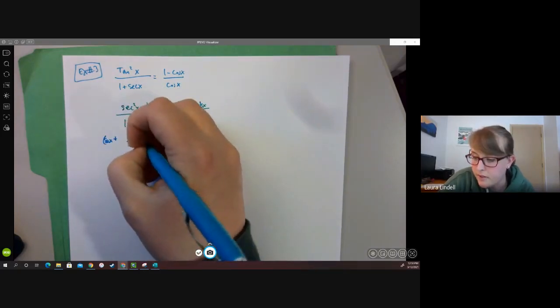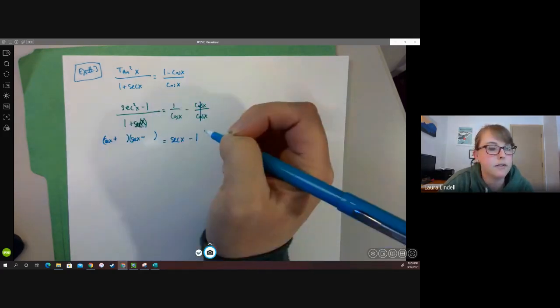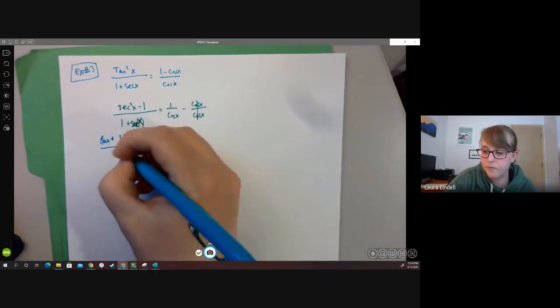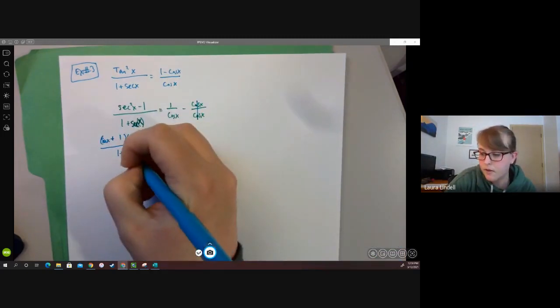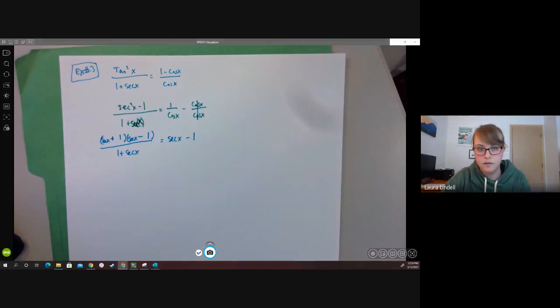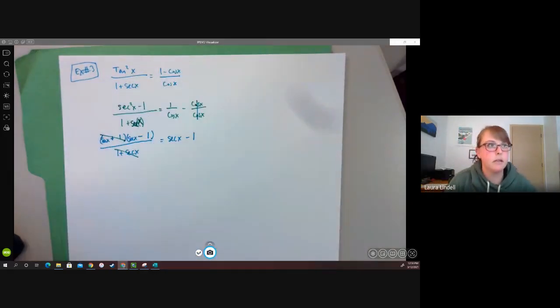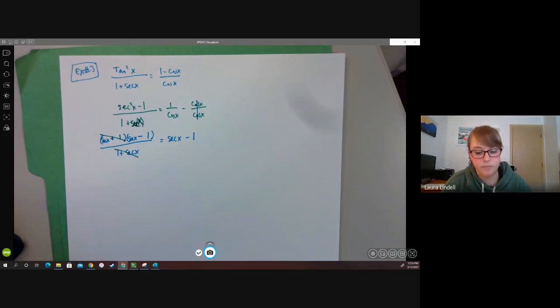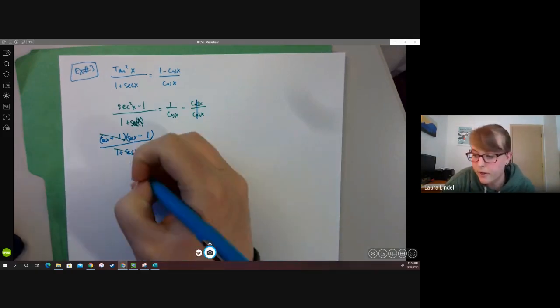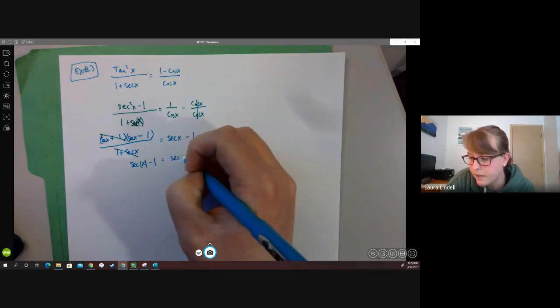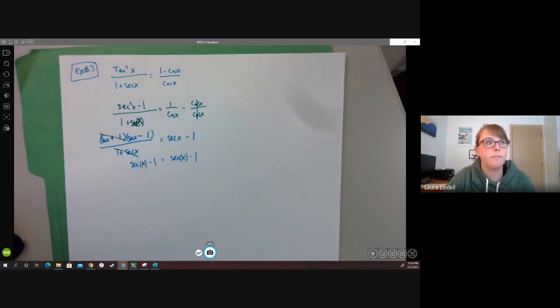So you get secant in the first part of both boxes, and then 1 in the second part. And then something nice happens here, because secant plus 1 cancels with 1 plus secant, because those are the same thing. So we are left with secant minus 1 equals secant minus 1.